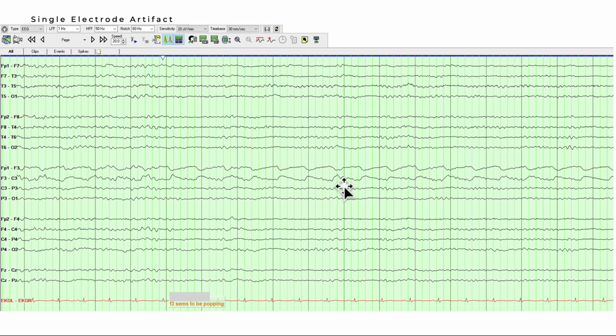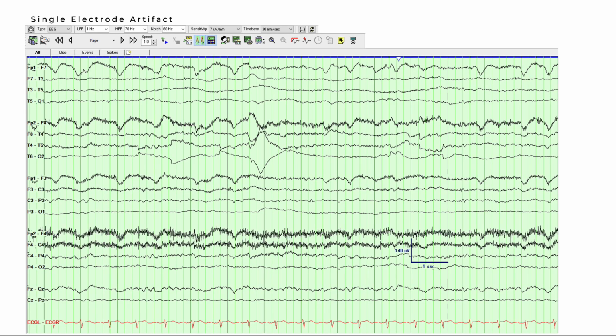Notice it's a very, very limited field just to this exact electrode, and you're not seeing it at all in the rest of the recording in the standard AP bipolar montage. This one's a little bit more subtle perhaps, but you have it right here at T6, where this one's the one that's off, and it's real high amplitude in a mirror image.